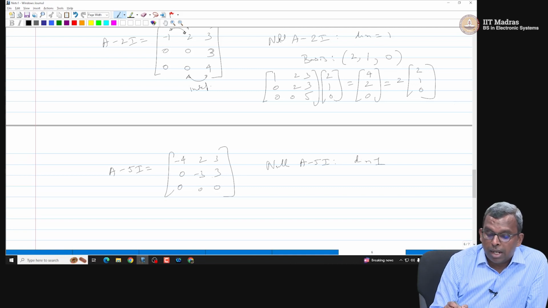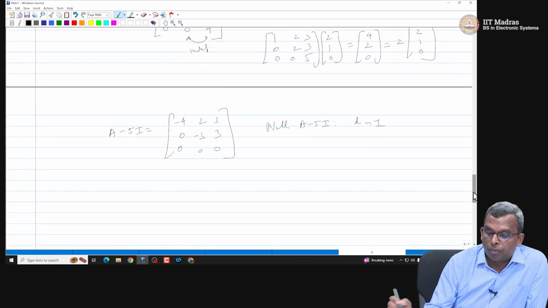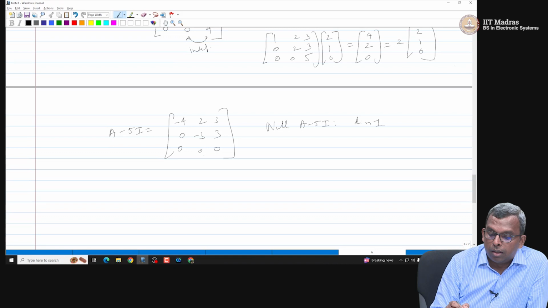I do not know if you can quickly find it without solving, so let us just solve: [-4, 2, 3; 0, -3, 3; 0, 0, 0] times [x1, x2, x3] equal to [0, 0, 0].